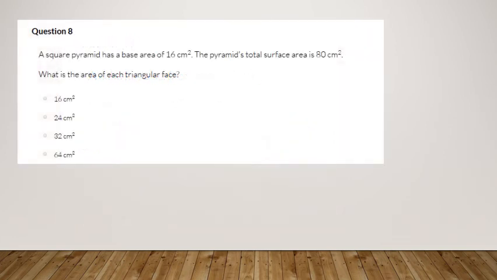Okay, a square pyramid means it has a square here with 4 triangles on top, and the base is 16 centimeters. We know the pyramid has a total surface area of 80 minus the 16 for the base.